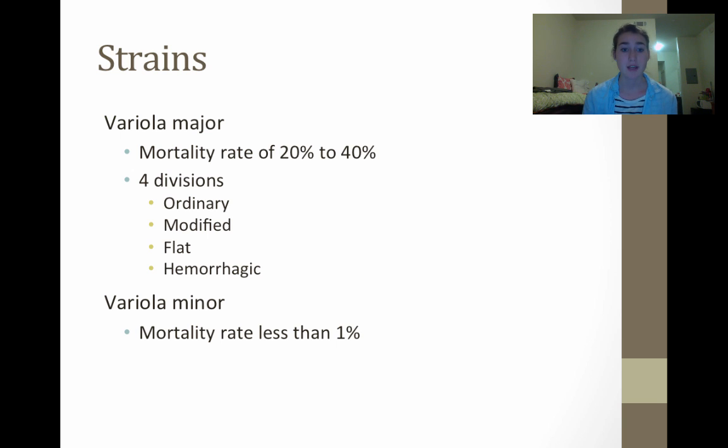Then there's modified, which is a milder form of smallpox only contracted by patients who have already been vaccinated for smallpox. And then flat and hemorrhagic are two divisions that are very rare and have an almost 100% mortality rate. And then Variola minor is also relatively rare and has a mortality rate of less than 1%.